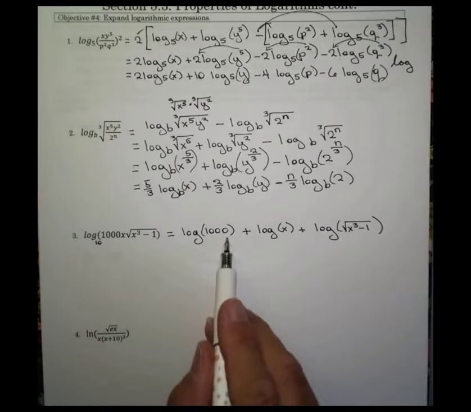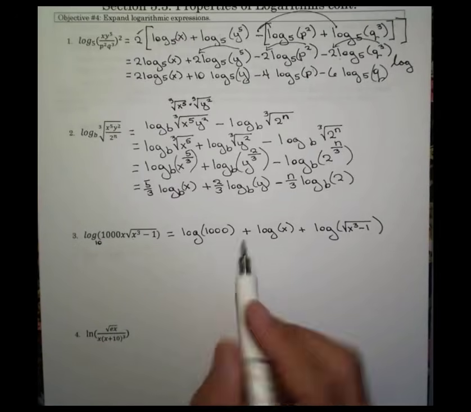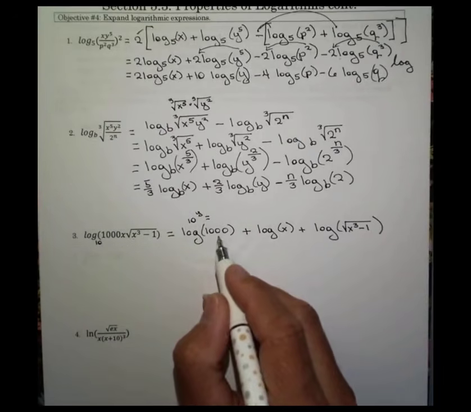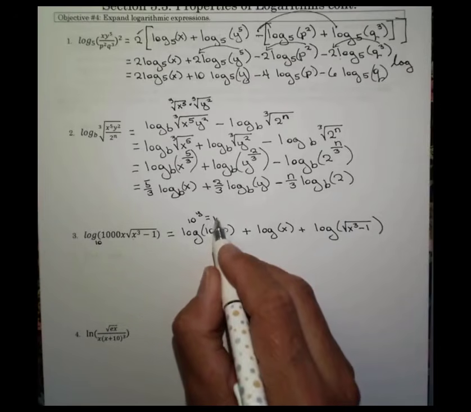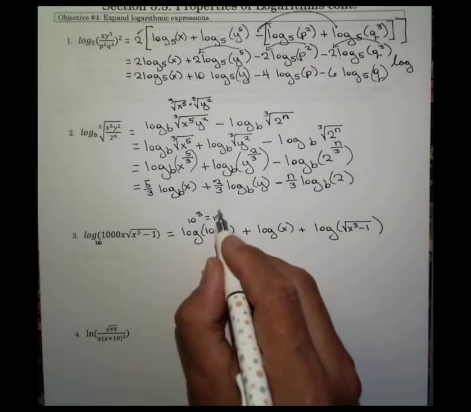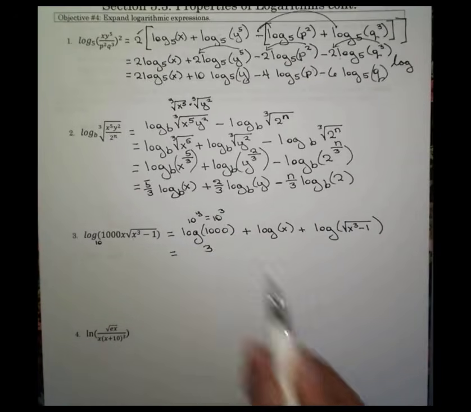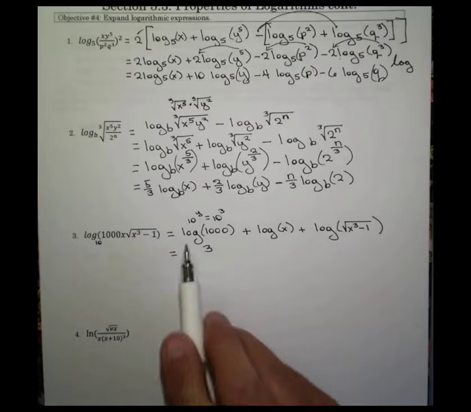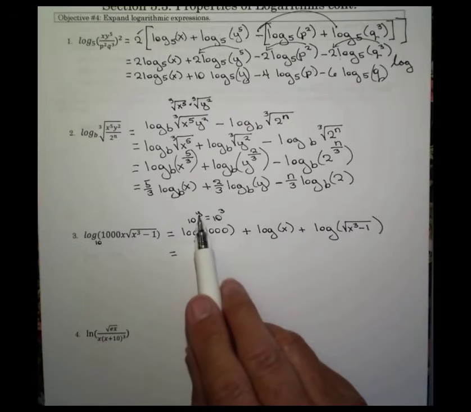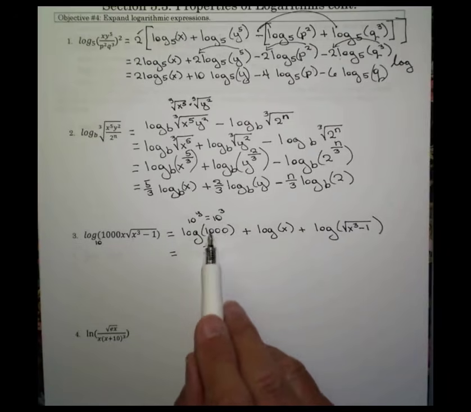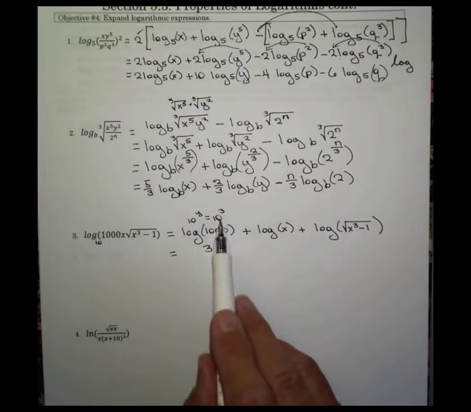Now, log base 10 of 1,000 is really saying 10 to the power of what? Can I express that 1,000 in powers of 10? Well, it would be 10 and there's 3 zeros, so it's 10 cubed. So this term right here simplifies to the number 3. Remember, log base 10, so I said 10 to the y is equal, looking for that unknown exponent, and then I said set it equal to something with a base of 10. That was a power of 10.